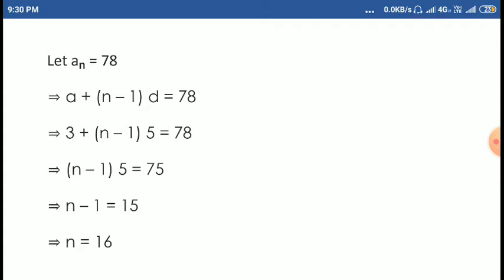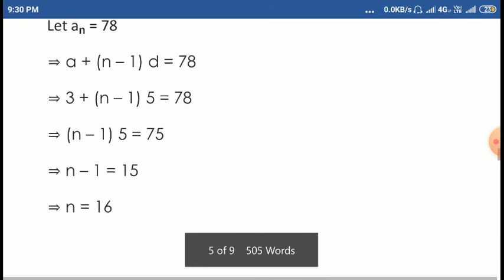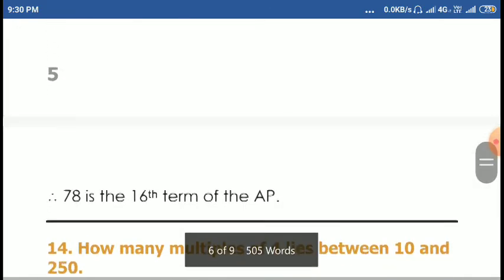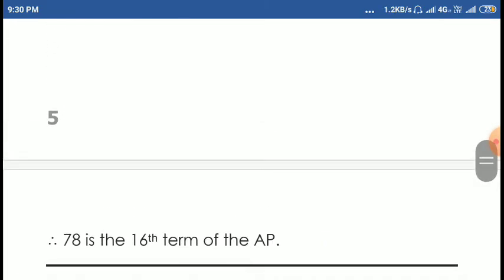If you bring minus 1 from left to right, we get the value of n. The value of n is equal to 16, since 15 plus 1 is 16. In this way we can find the number of the term. That means 78 is the 16th term of the AP. So that is the solution of this problem.